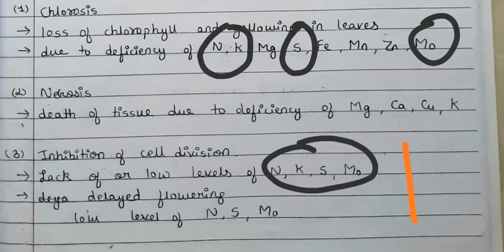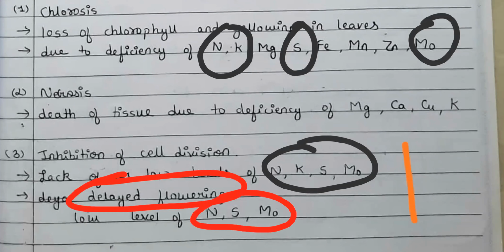And the last one is delay in the flowering process. Flowering delay is due to which elements? NSM: nitrogen, sulfur, molybdenum. So first remember this one, delayed flowering, NSM.